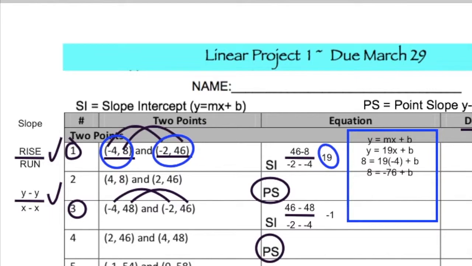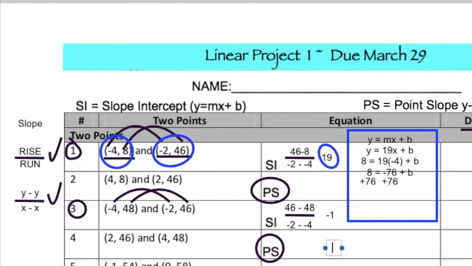I'm going to put plus 76, and when I add 76 to -76, I have isolated the variable b, and then when I take 8 plus 76, I get 84 equals b.